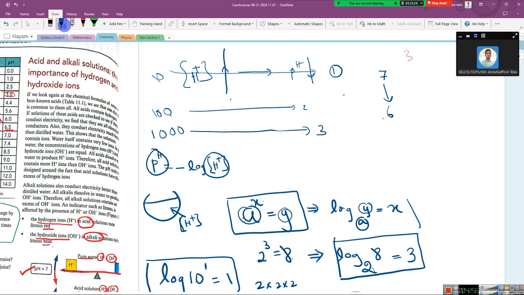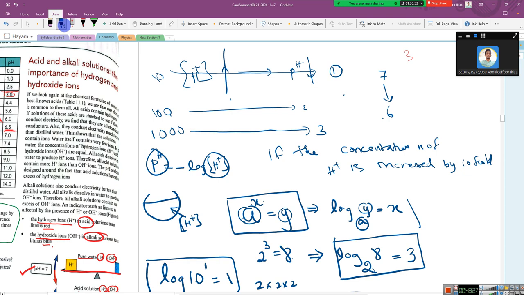So now what you should know is, if the concentration of H plus is increased by tenfold, can you just tell that line? I just don't know. Okay, so now you just write, if the concentration of H plus is increased by tenfold, tenfold means by the factor of 10, right?